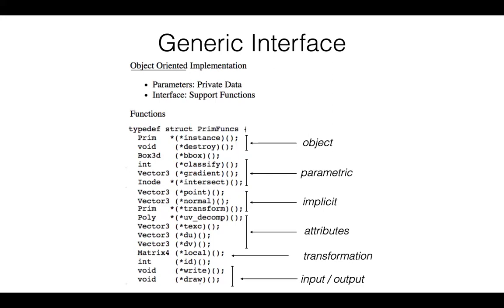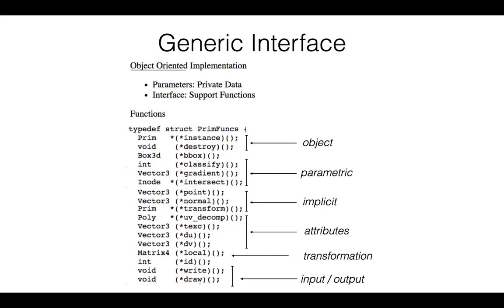I'm sorry, it should be implicit and parametric. So for the implicit, we want to classify points, take the gradient at the points, and intersect a ray with the primitive. And for the parametric, we want to generate a new point, get the normal at that point, and transform the primitive in some way.